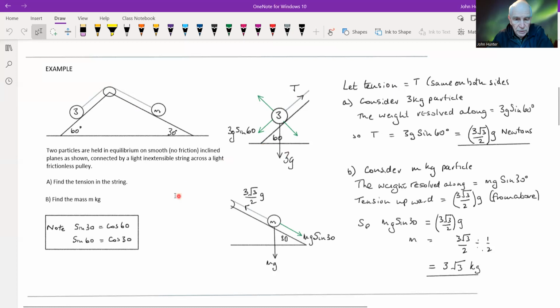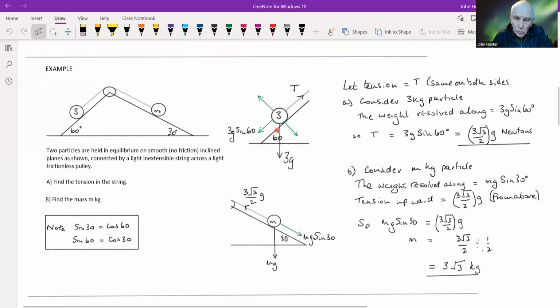And just a little aside around here is that we multiply the original one by the angle. So that would make this perpendicular one 3g cos 60.